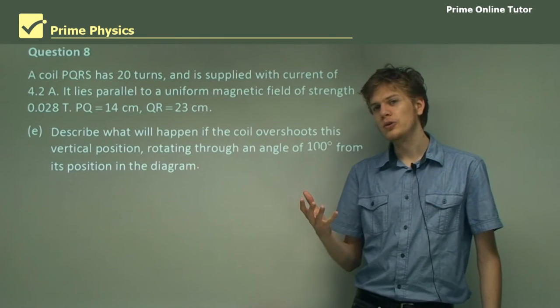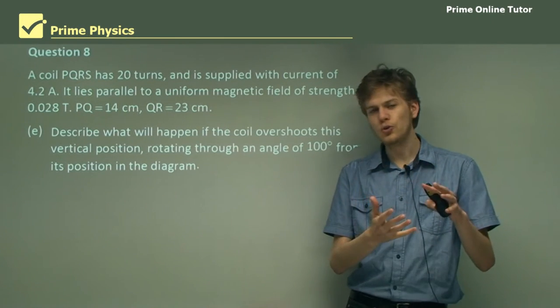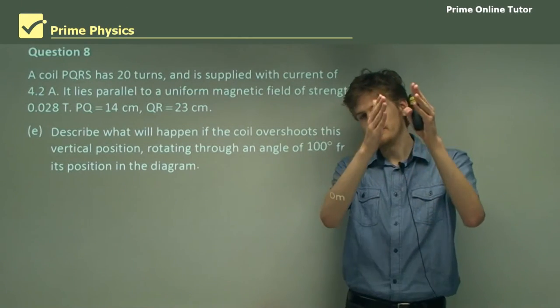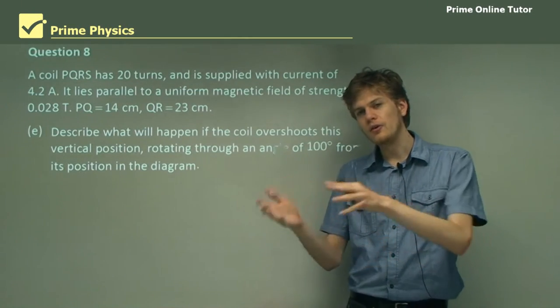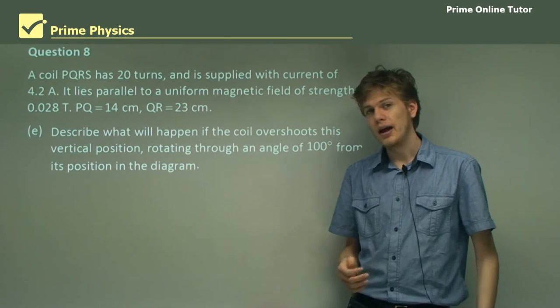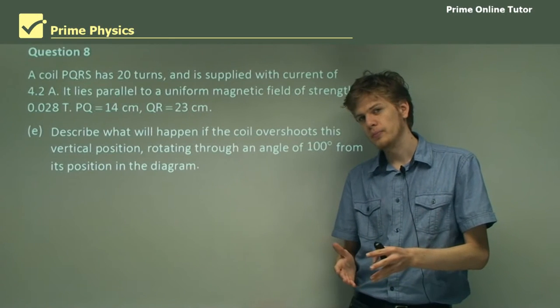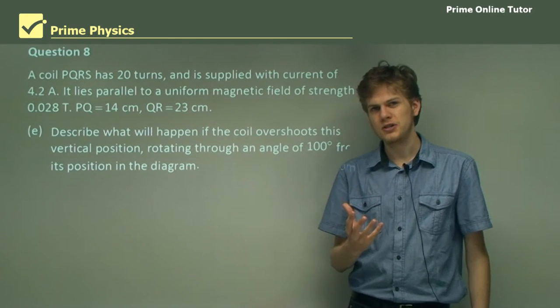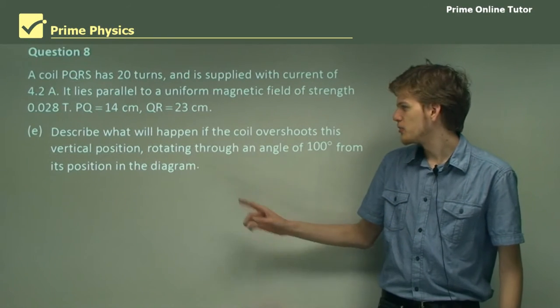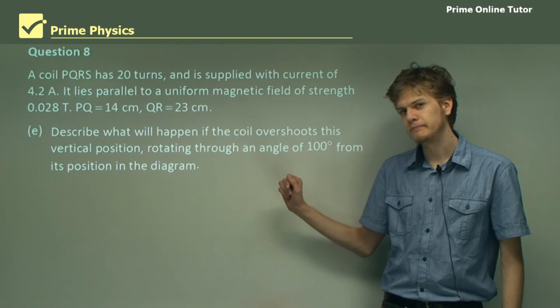Remember that in the diagram we found that the side PQ went down and the side RS went up, right? So RS was experiencing an upward force, that is a force towards you, and PQ was experiencing a downward force. Now here's my question. Does the direction of the force change after it goes through the 90 degrees?